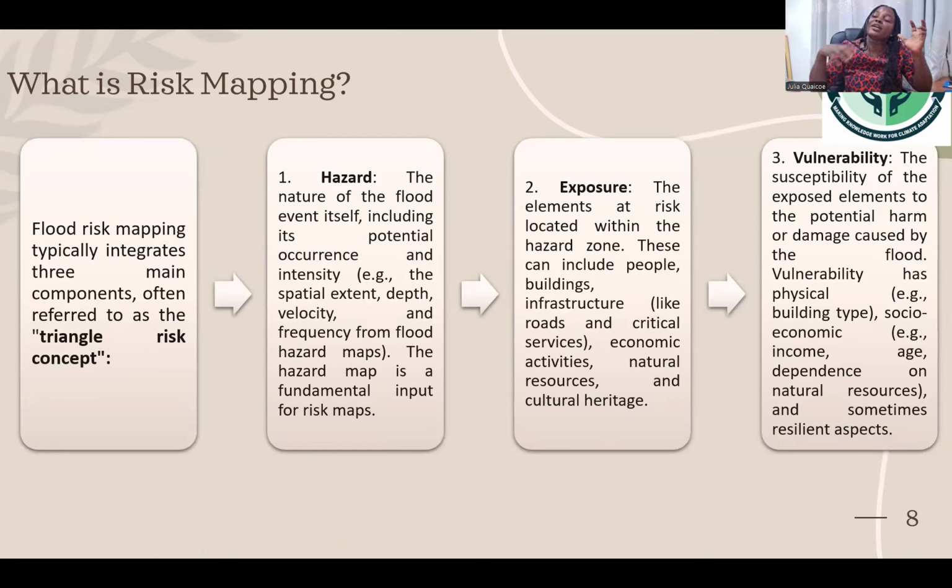If we are looking at a bamboo building and a cement or block building, you realize that these two building types are made up of different materials, and automatically their level of resistance is also going to be different. So the vulnerability is just the characteristics of the elements at risk which may make them more susceptible to harm or less susceptible to harm.